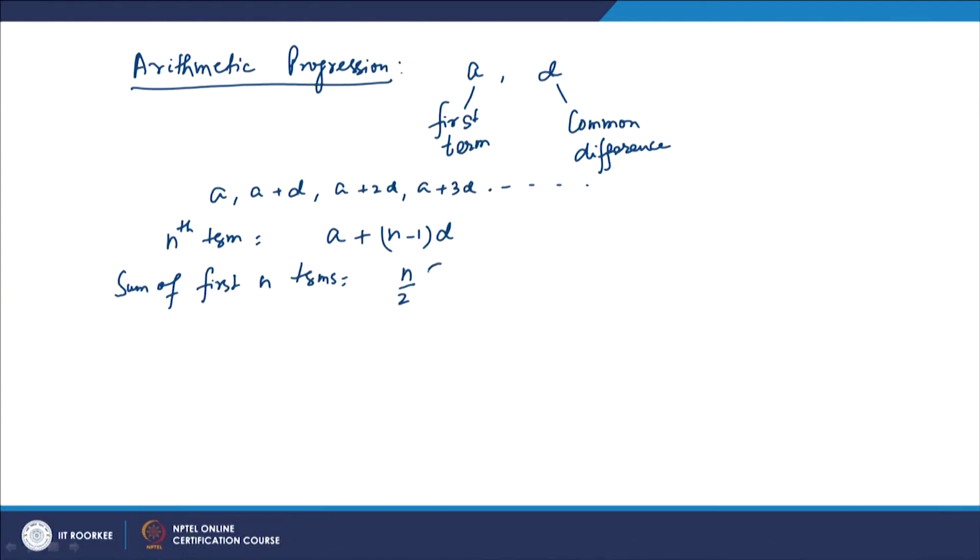It will be n by 2 into first term plus last term. If you know the last term you can use that; otherwise, if you know the first term and the common difference, then it will be n by 2 into 2A plus n minus 1 into D. This way we get the sum of the first n terms.